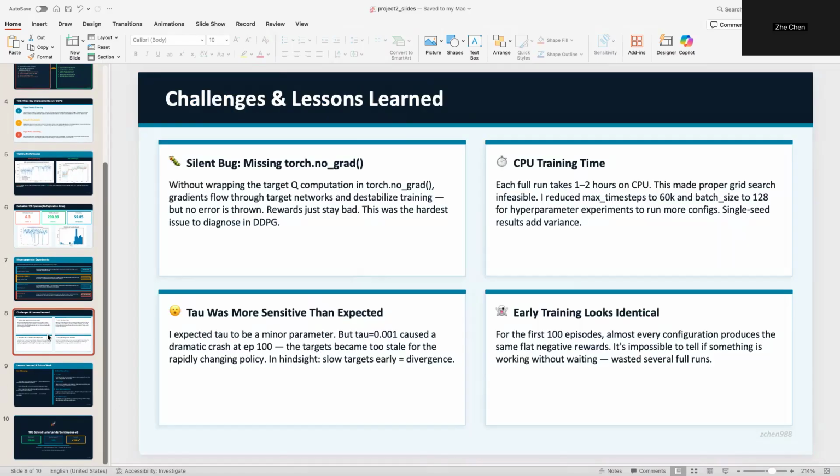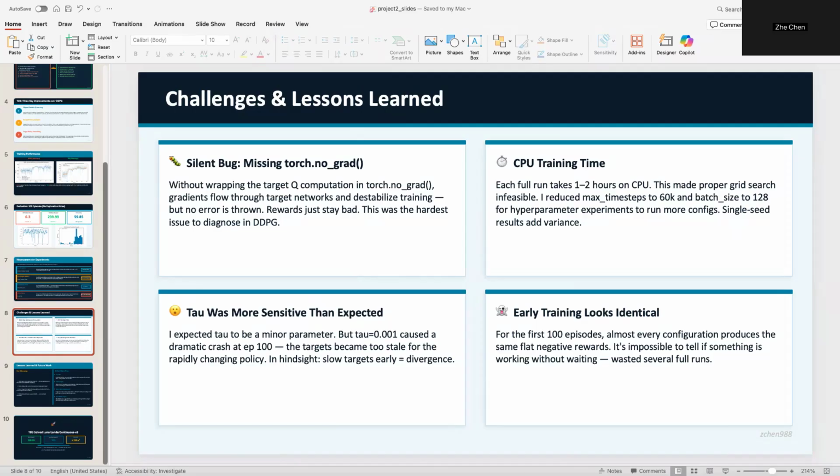So the challenges. One of the challenges was a bug. I initially forgot to wrap the target Q value computation, and this allowed the gradients to flow through the target networks, which destabilized training, even though the code still ran.